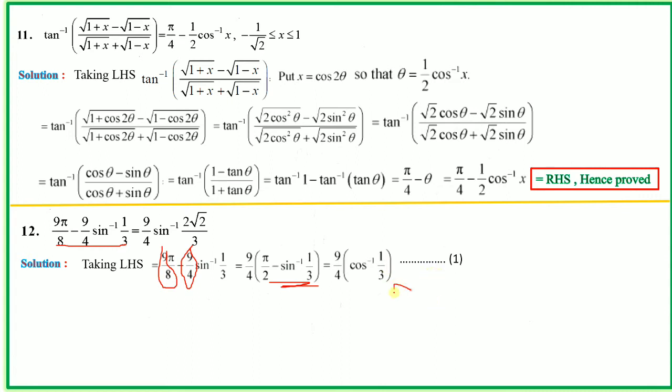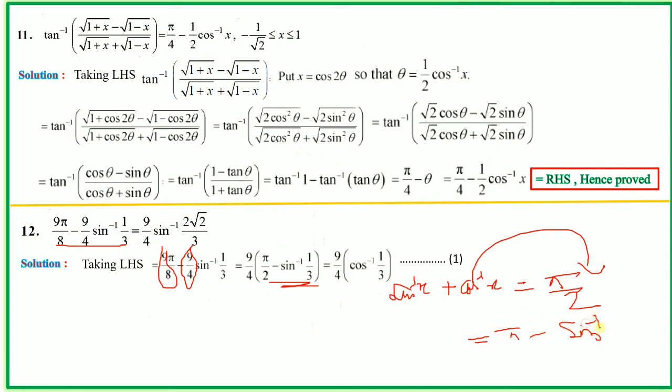As you have sin inverse x plus cos inverse x is equal to pi by 2. So when you take this cos to this side, that means 90 minus sin inverse x.